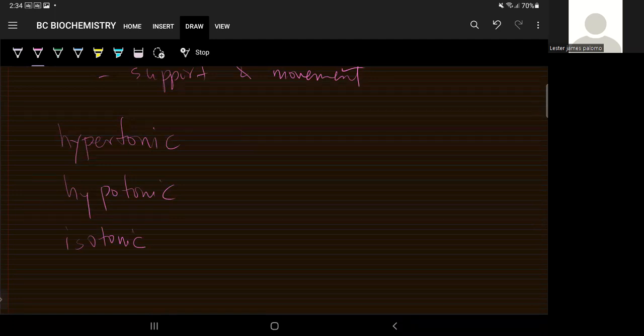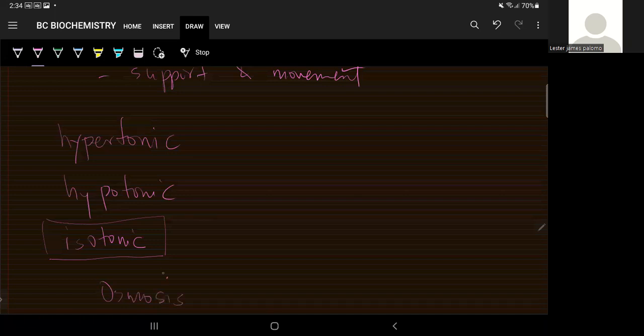Saan ba dyan ang healthy? Isotonic, sir. Okay, very good. Isotonic, because of the movement of substance, particularly when it comes to movement of water in and outside of the cell, no? Pertaining to osmosis, di ba?